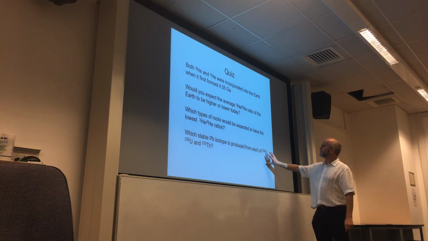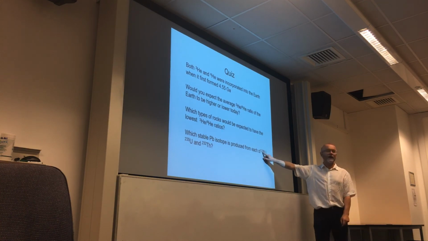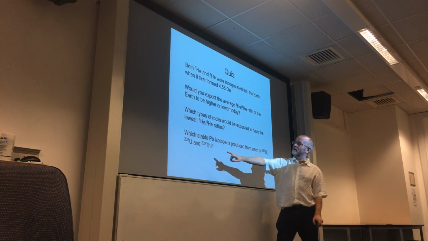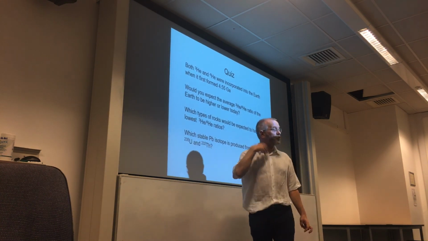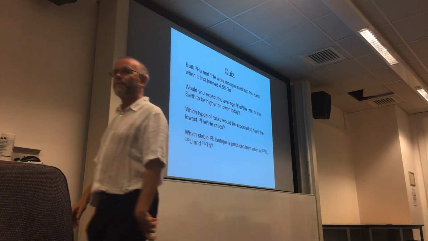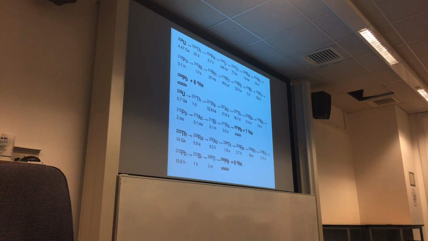Okay, which stable lead isotope is produced from decay of uranium-238? 206. 206. 207. 207. 208. 208. Okay, multiple of 4. Remember that. So these are all these helium isotopes that are being kicked out.